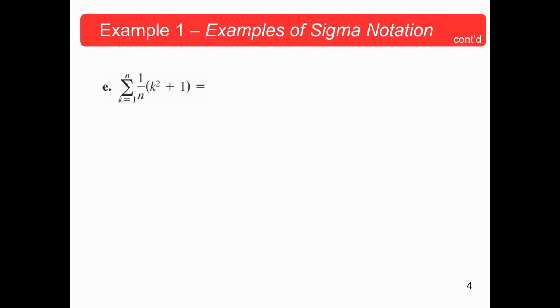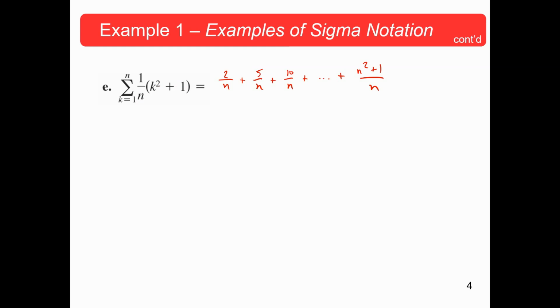Here we've got the sum of (k squared plus 1) over n. So we start at 1 and we go till we get to n. With k equal to 1, 1 squared plus 1 is 2 over n, plus when we go to 2 we get 5 over n, plus when we go to 3, that's 10 over n, plus all the way to n squared plus 1 over n.